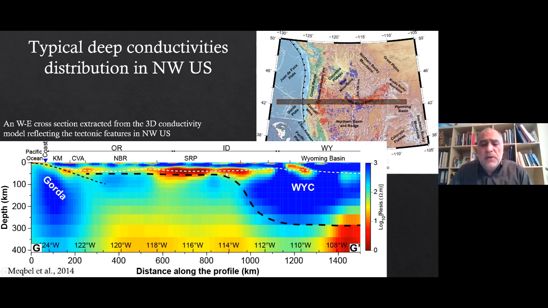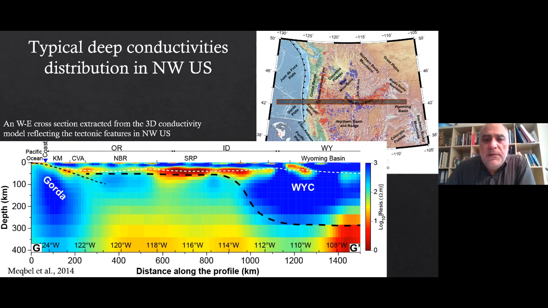We observe a highly conductive material at the base of the crust, and below that we don't see any resistive material, implying that the lithosphere here is very thin. But at greater depth, for example below 200 kilometers, we start to observe some conductive anomalies. Our interpretation is that this is the asthenosphere, or the electrical asthenosphere.